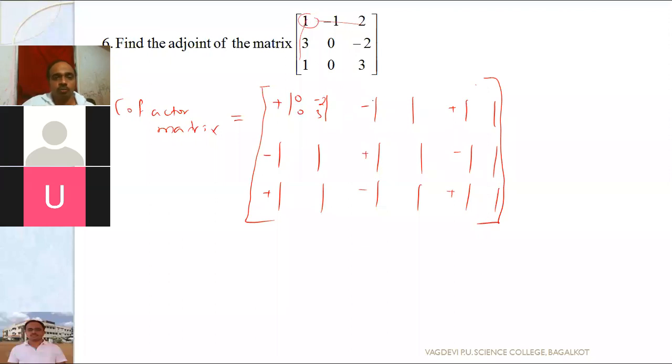What will the answer be? The answer will be 0. You write the answer in the next step, not in this step. First you write all these minors and cofactors. Next, minus into determinant of: if you delete the row and column, I get 3, minus 2, 1, 3. You do it for all the elements similarly. And tomorrow you tell me the answer. Do it for all the elements, delete the row and column.